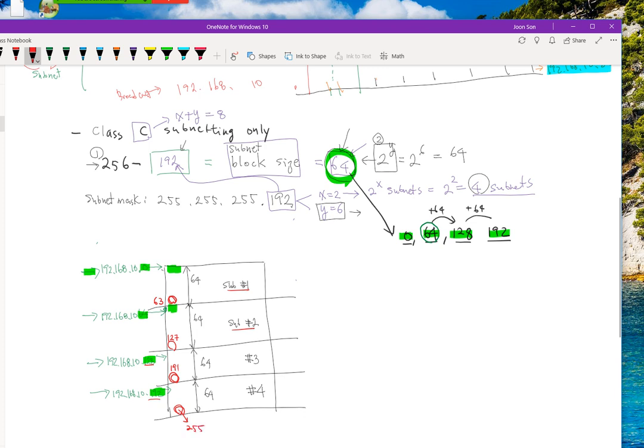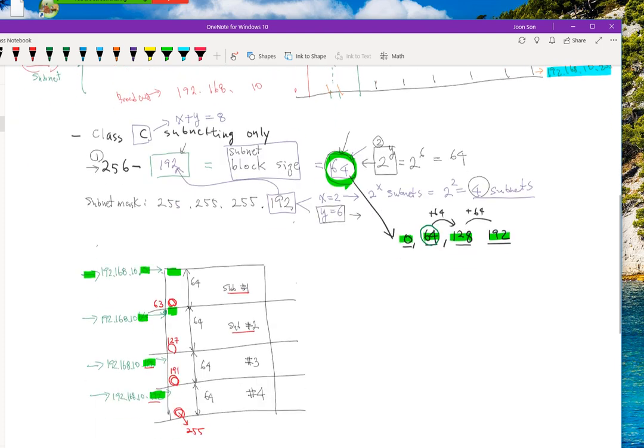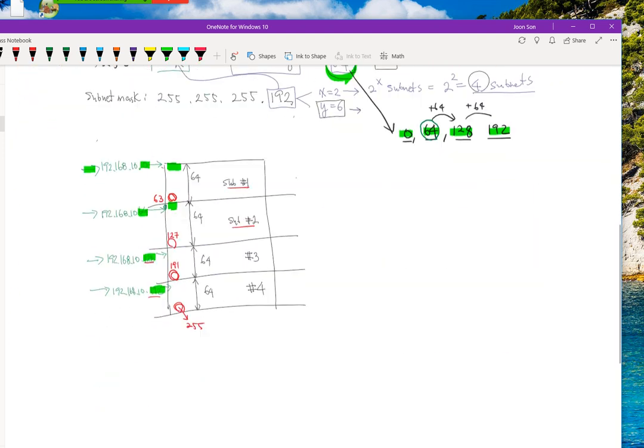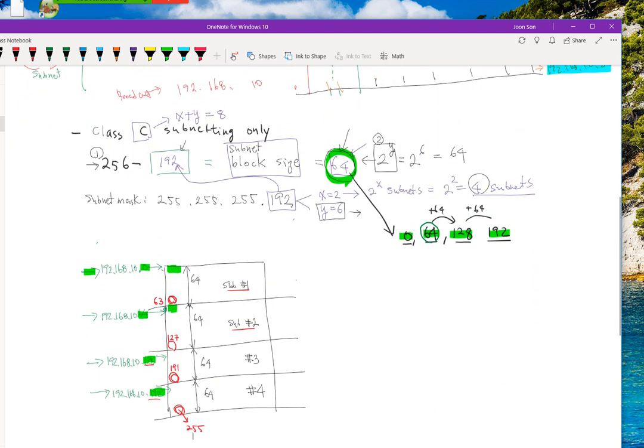So you can easily, instead of drawing this, find the network address and broadcast address of each subnet.